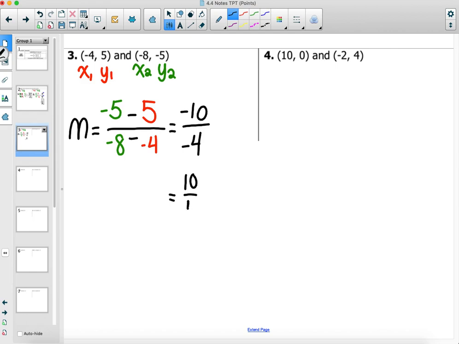And I can reduce this one step further. I can divide both the top and bottom here by 2. And my simplest form answer for slope here would be 5 over 2.